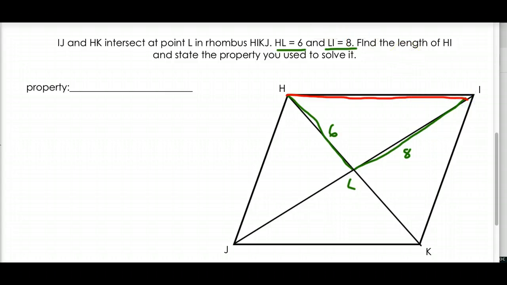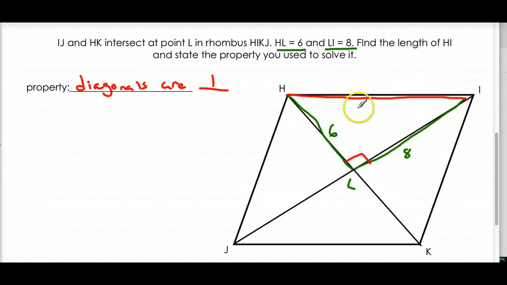Now, what property can we use to solve this? We know that this angle is 90 degrees. How does that 90-degree angle help us? Well, that tells us that this is a right triangle we just formed. So the property we use is that diagonals are perpendicular. And when we have a right triangle, we can use the Pythagorean theorem to find the third side.